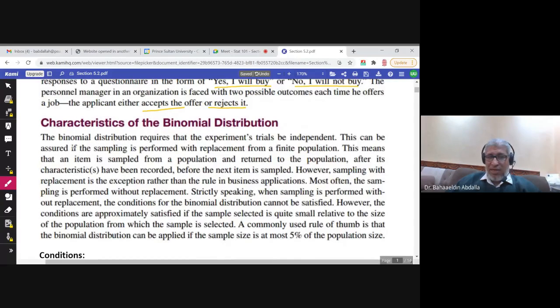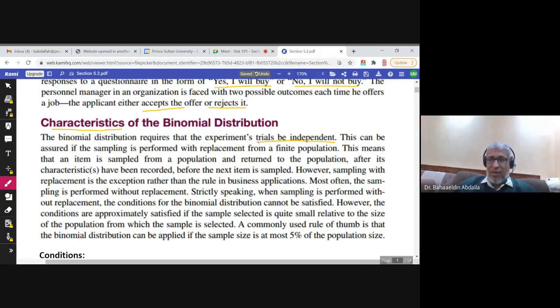Now, what are the characteristics of the binomial distribution? The binomial distribution requires that the experiment's trials be independent. So this is the first condition. The trials should be independent. And independent means each trial does not affect the next trial.